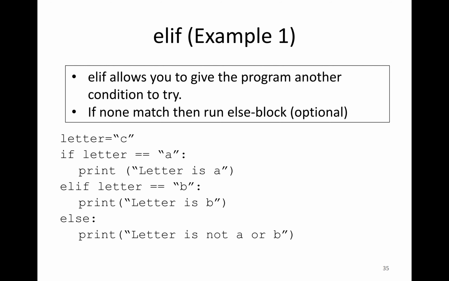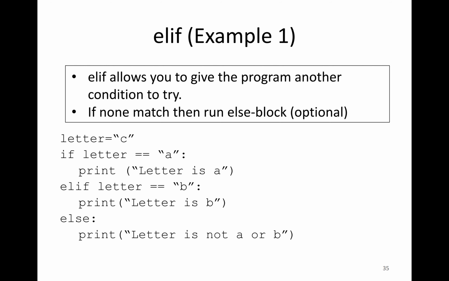The elif allows you to give the program another condition to try. So you can have multiple conditions. If none of the conditions match, then run the else block, which is optional.